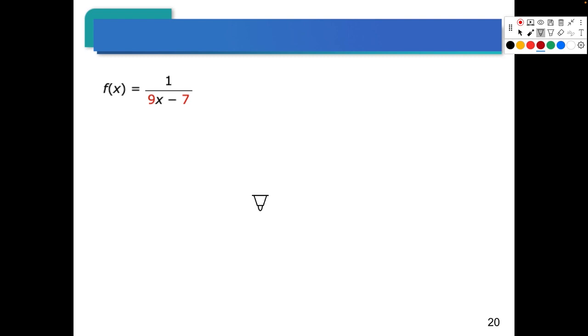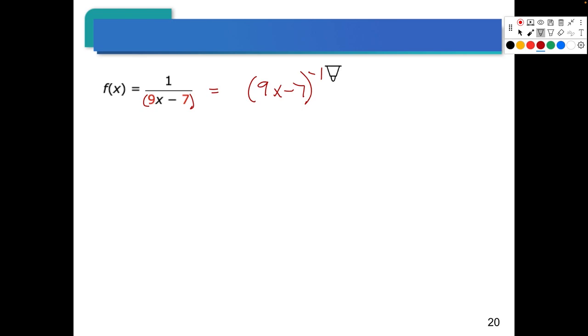But when something's in the denominator, I can bring it up and put it to the negative 1. Now there's one similar to this that's in parentheses and it's squared, so you'll probably say, oh, just bring it up and put it to the negative 2. Since there's no parentheses, this is what will throw some people. But go ahead, put the parentheses, and then rewrite it as 9x minus 7 to the negative 1 power.